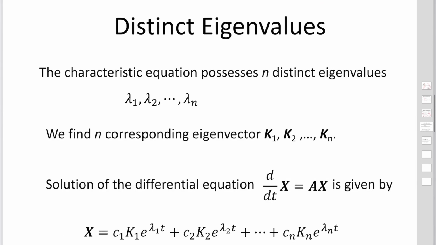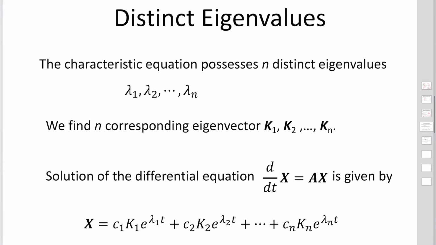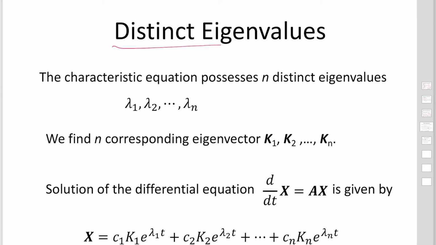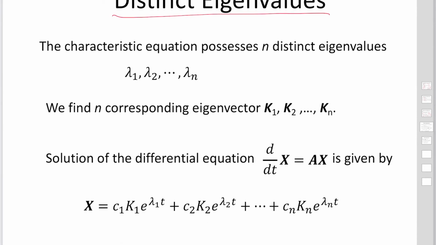Then suppose the characteristic equation possesses n distinct eigenvalues. This is the case of distinct eigenvalues: lambda sub 1, lambda sub 2, up to lambda sub n. All eigenvalues are different. We find the n corresponding eigenvectors k sub 1, k sub 2, up to k sub n.